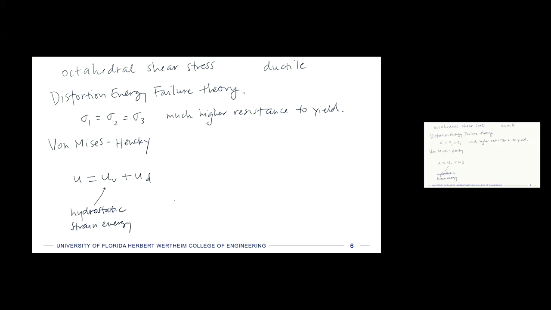And then this one is going to be a distortion energy. All right. So you can envision that there might be a stress state where it's not hydrostatic. Does the V stand for volumetric and the D, I guess, distortion? Yeah, the V might stand for volumetric, sure.